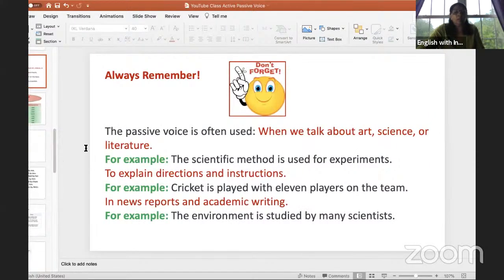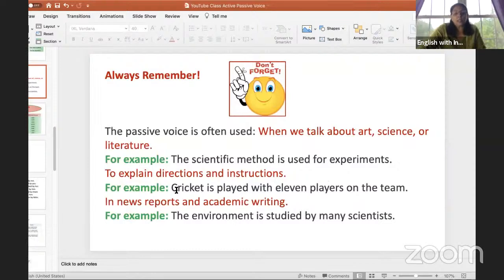Another thing you need to remember is that the passive voice is often used when we talk about art, science, or literature. For example, the scientific method is used for experiments, or we use passive voice when we explain directions and give instructions.